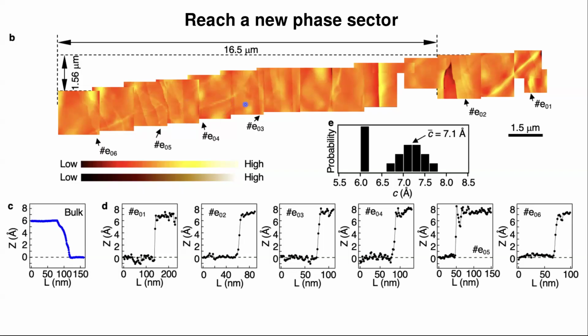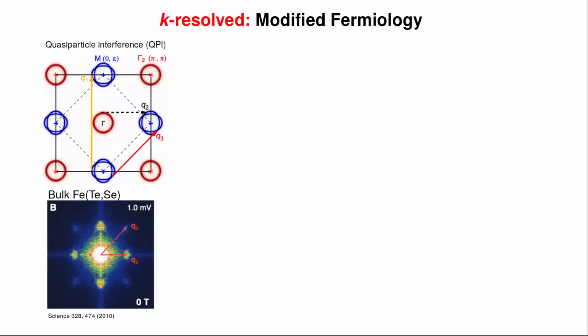So that was a first hint that in these flakes you might expect something unusual to happen, because these flakes, because of the exfoliation process, are going through this kind of fabrication, which affects the step height. Another important first hint that we are dealing with a slightly different system than the bulk superconductor was obtained when we started performing QPI measurements on the system.